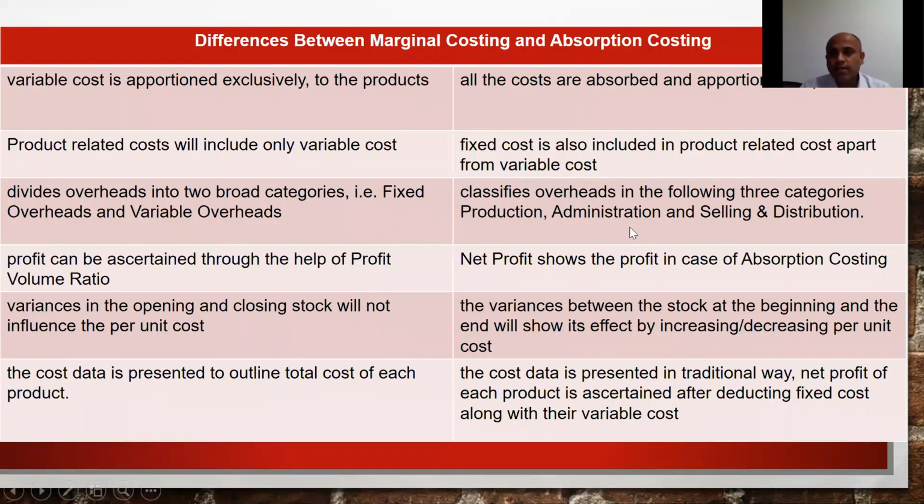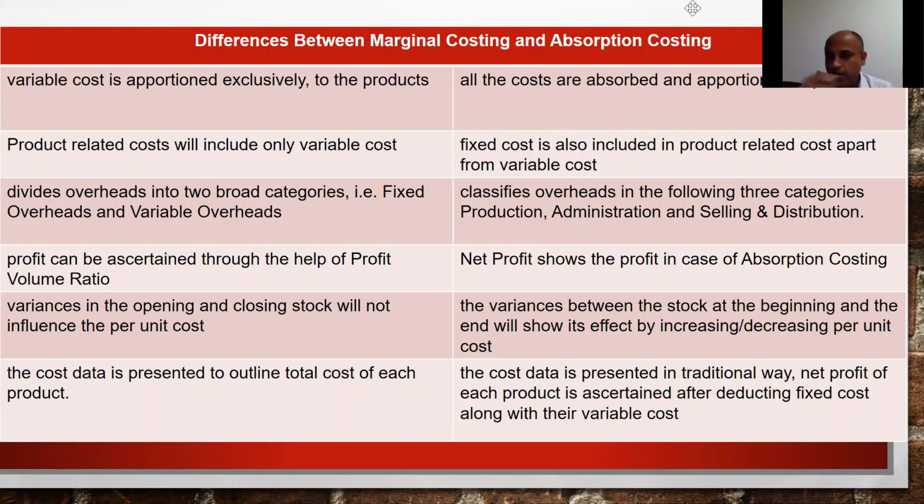So quickly let us understand the differences between marginal costing and absorption costing. Under marginal costing, variable cost is apportioned, whereas in absorption costing, all the costs are apportioned. Product related cost, yes.